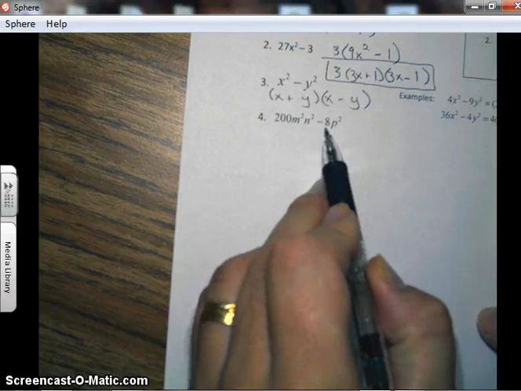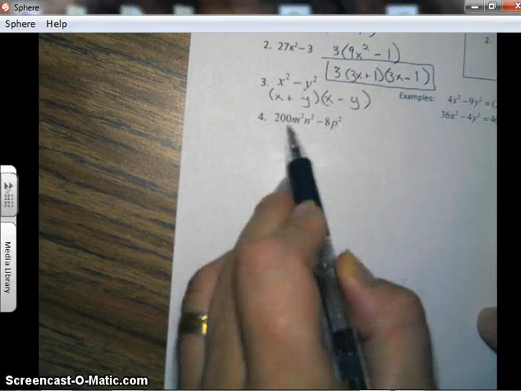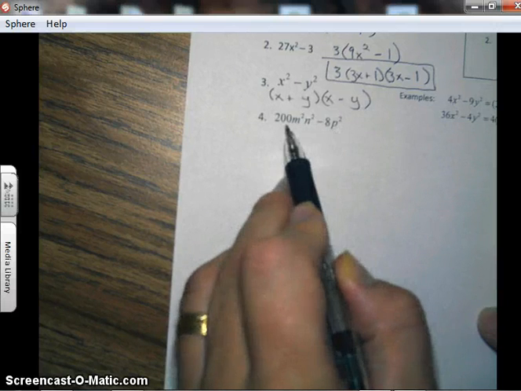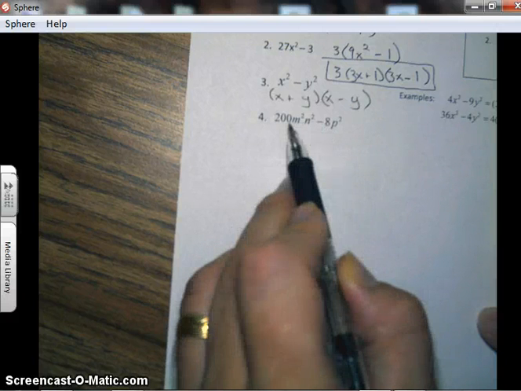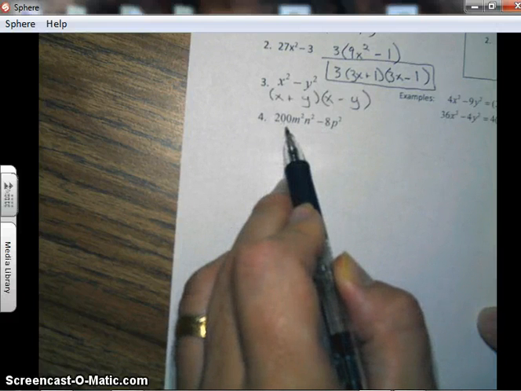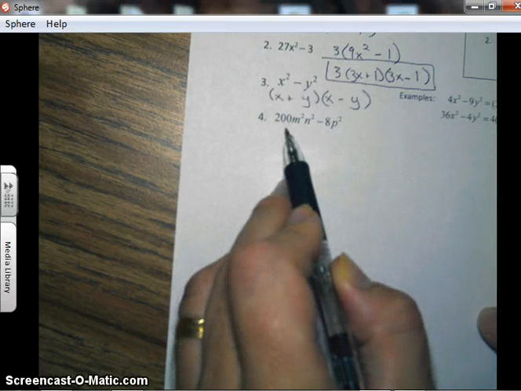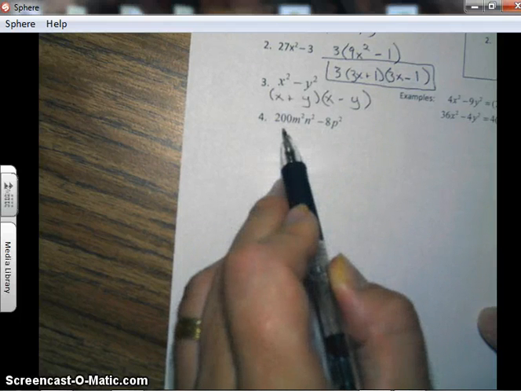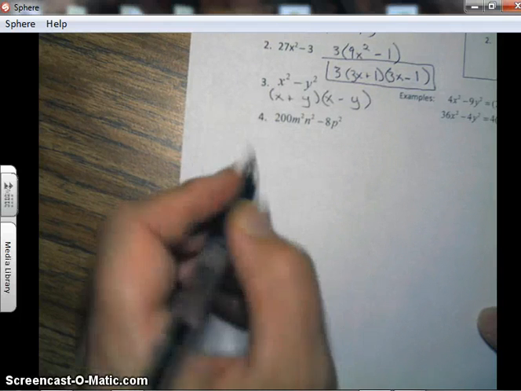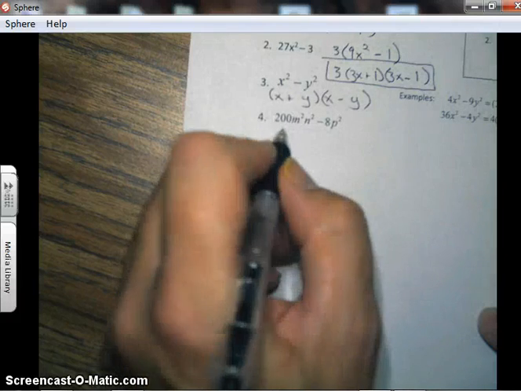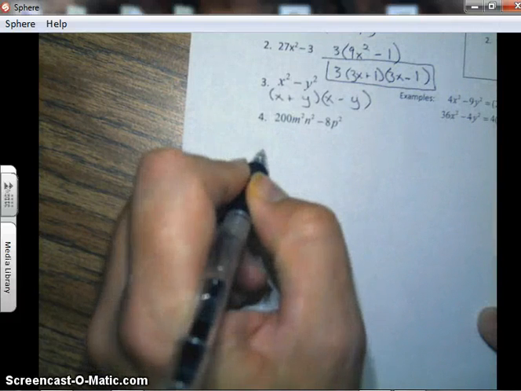Okay, so I need to say, well, can I factor anything out of both of these terms? Well, I know that 2 goes into 8 and 200 evenly. I know that 4 goes into both of them evenly. And I do believe 8 goes into 200 evenly. Let's see. 8 into 200.